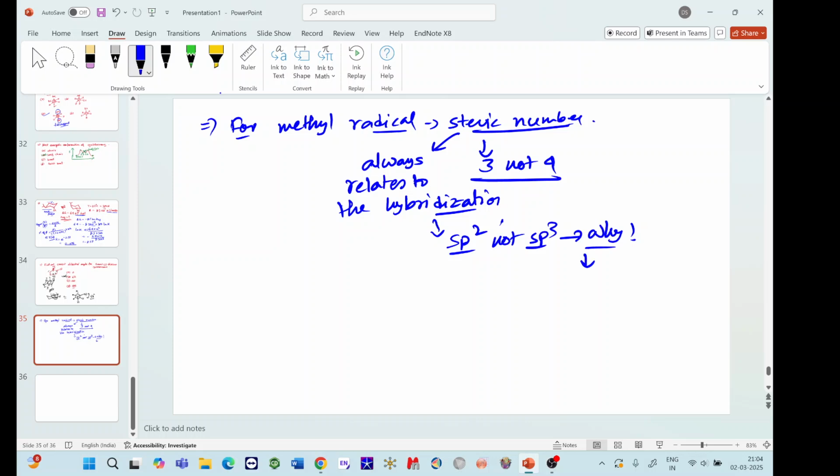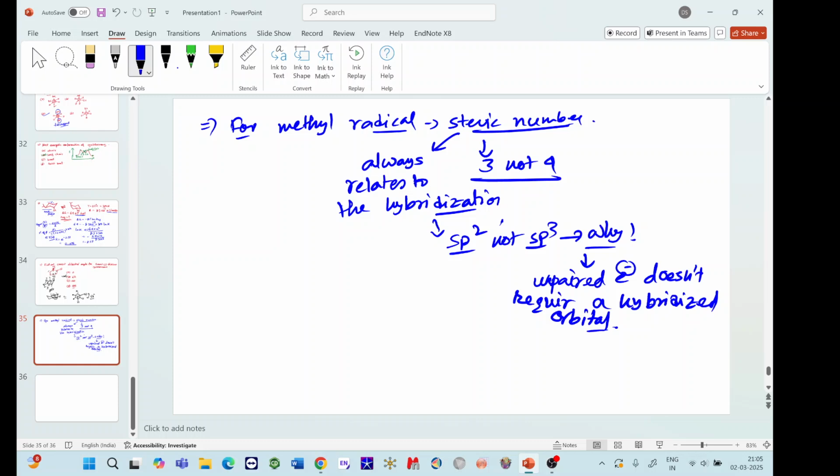Because an unpaired electron doesn't require a hybridized orbital.